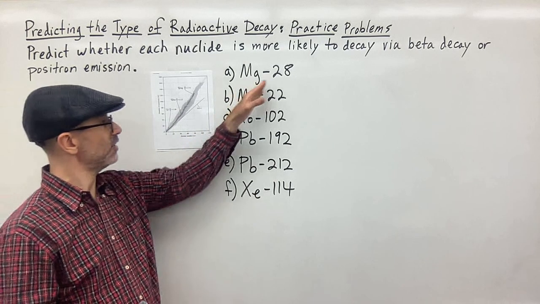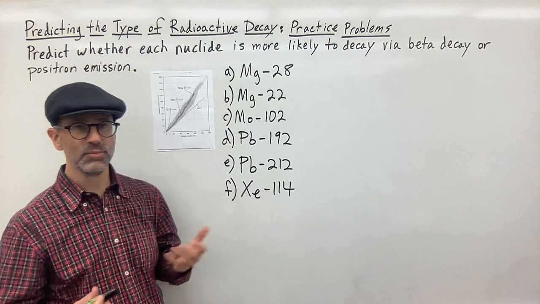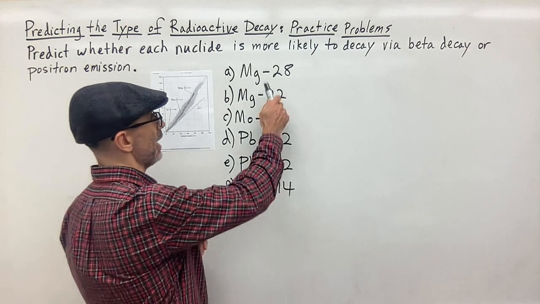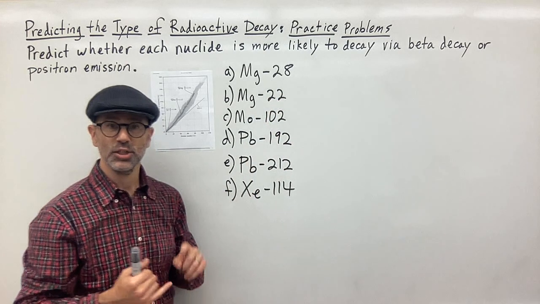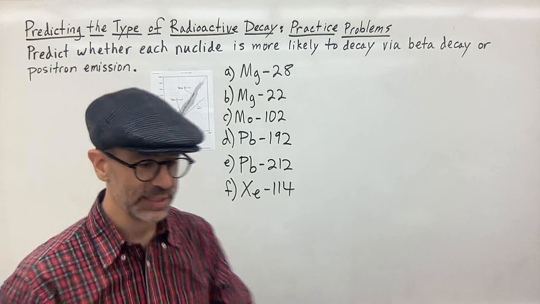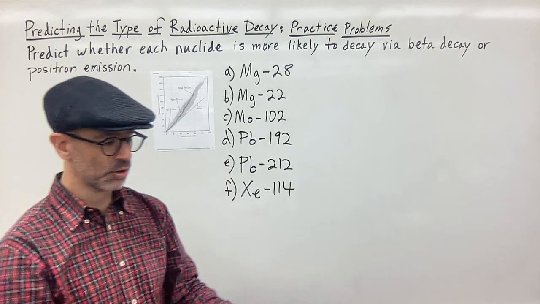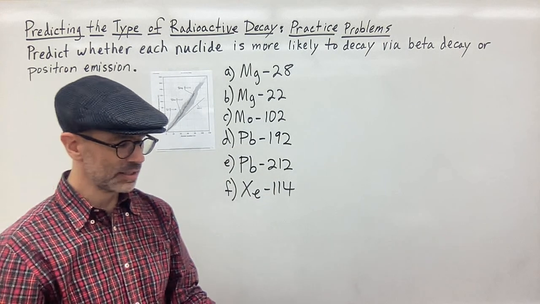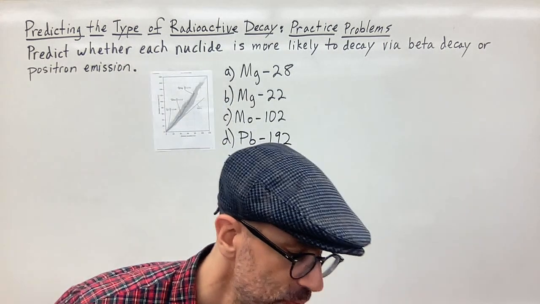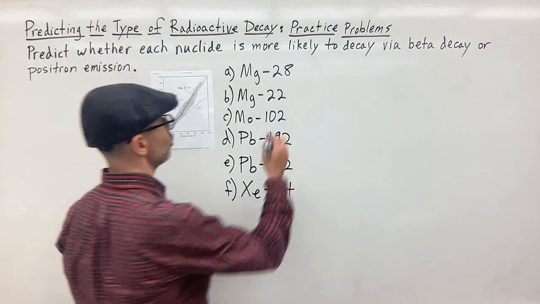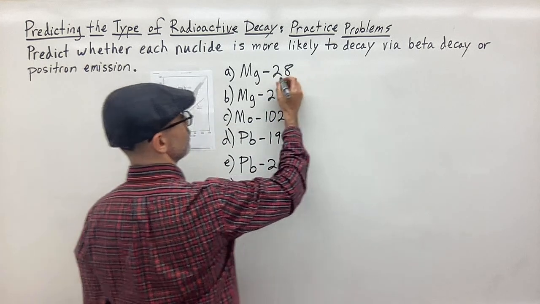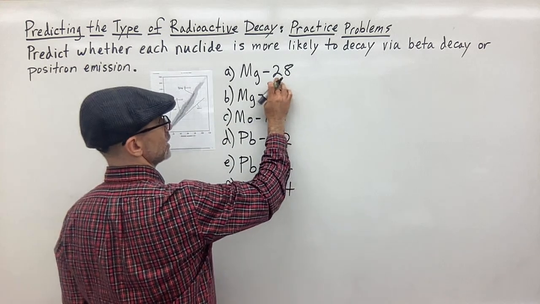So we have magnesium-28. We need to figure out how many protons and neutrons this thing has. The mass number is 28, which is the number of protons and neutrons together. So we look on our periodic table for the atomic number of magnesium, and that is 12. If we subtract 12 from 28, that's going to give us 16.